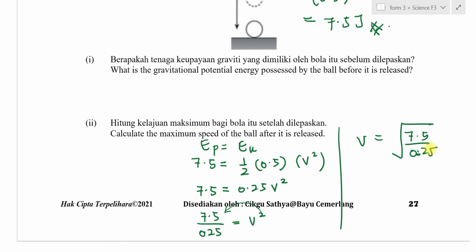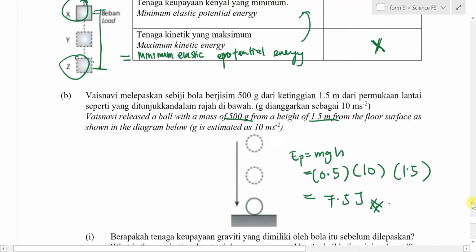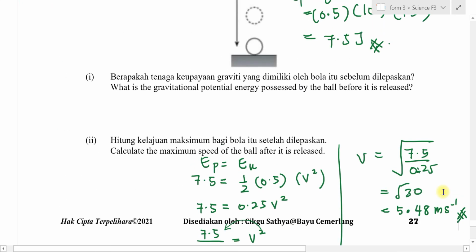Square root of 30, which is around 5.48. If the decimals continue, two decimal points are enough. 5.48 m s negative 1, that is the answer.